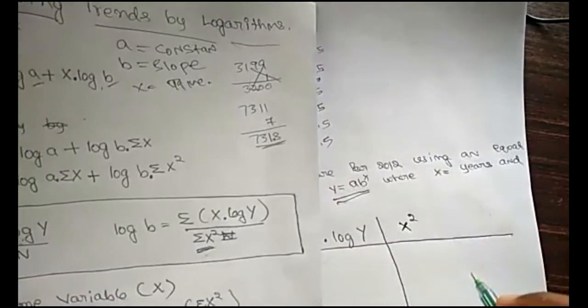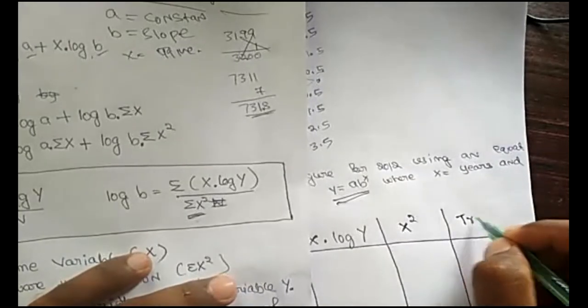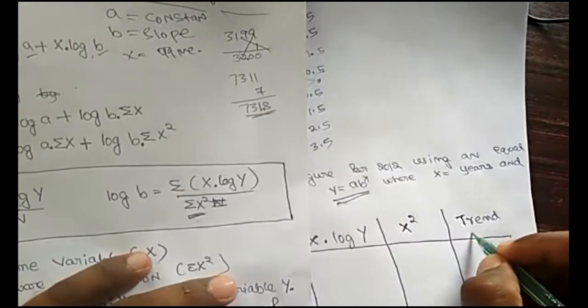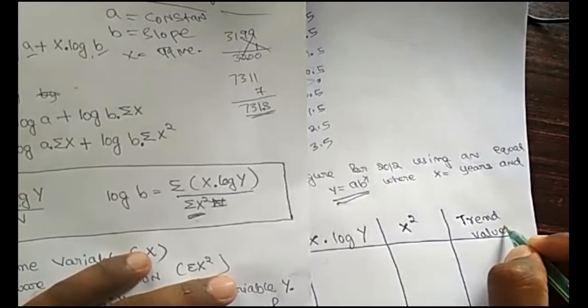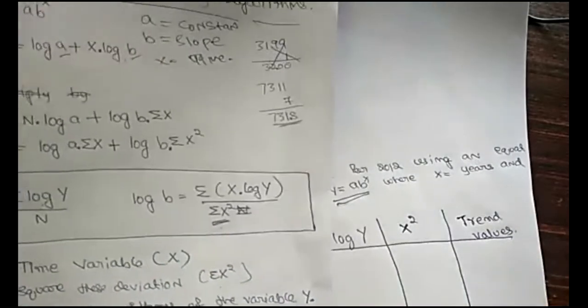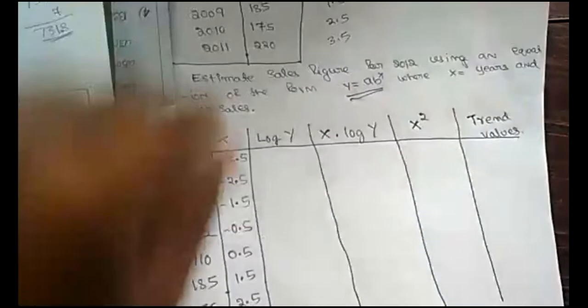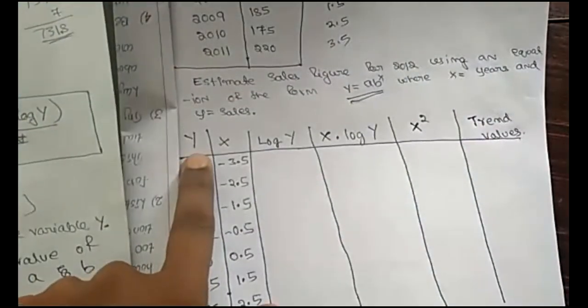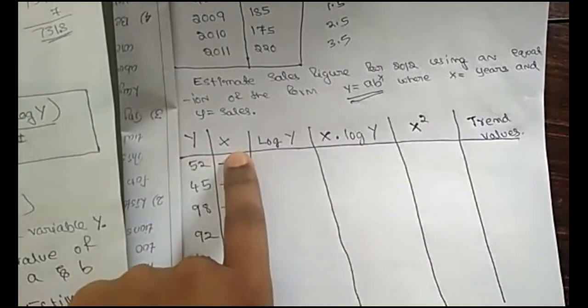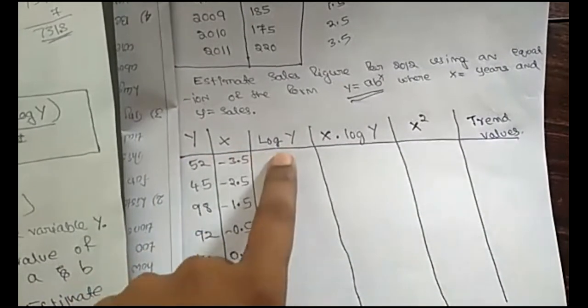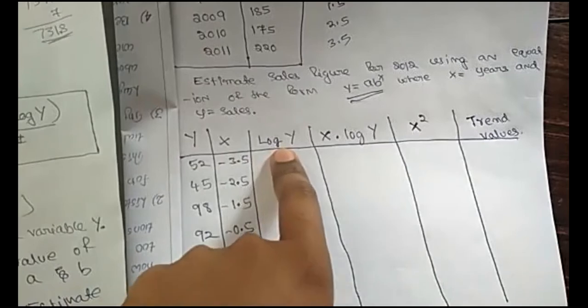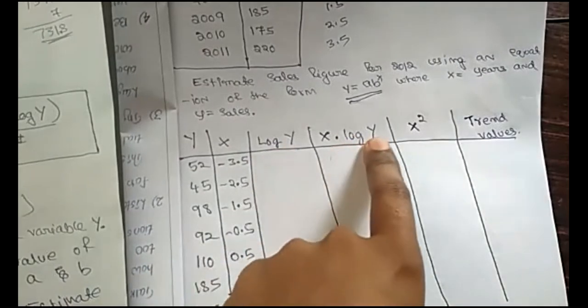And in the last column, you can write the trend values. So there is a lot of calculation under the table work. First the actual value y, then x the time variable, then log y, then x into log y, then x square, then the last one, trend values. Clear?